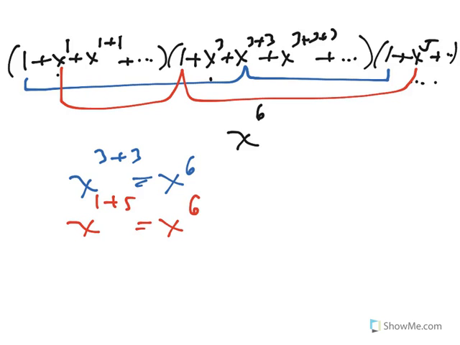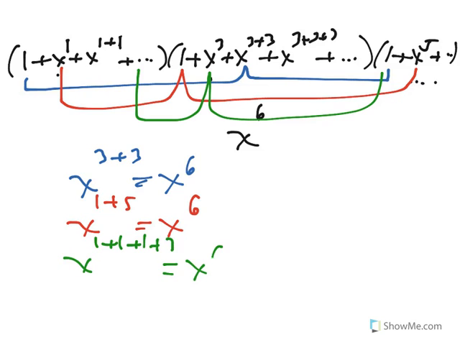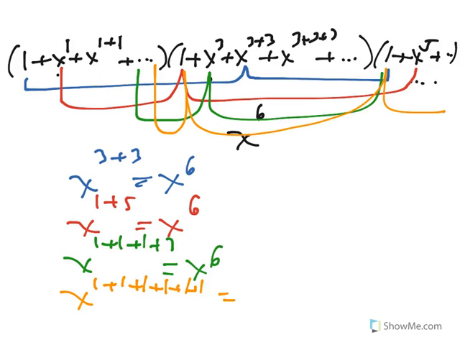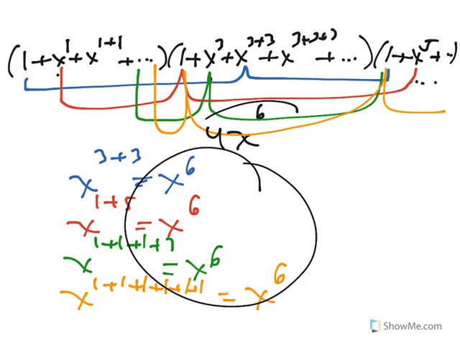Another way would be to use x to the 1 plus 1 plus 1 and x to the 3 and 1s from then on, to get x to the 1 plus 1 plus 1 plus 3. And a final way would be somewhere down the road there's an x to the 1 plus 1 plus 1 plus 1 plus 1 plus 1, and use that with 1s from then on. As you can see, there are 4 of these, and the coefficient would be 4 for x to the 6.